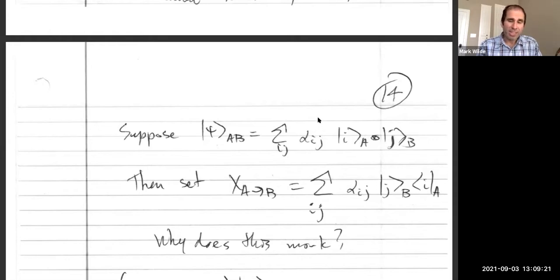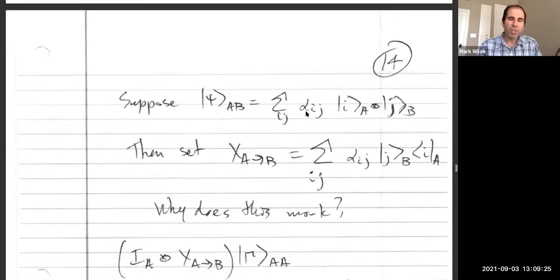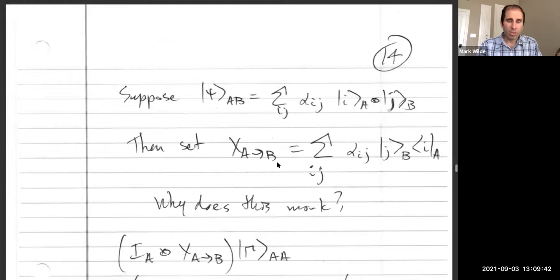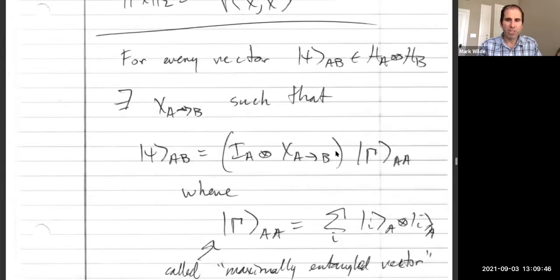If they're doubly indexed, that's a matrix. And we can think of an operator corresponding to this matrix by flipping this ket to a bra, right? And then now we have a linear operator from A to B.